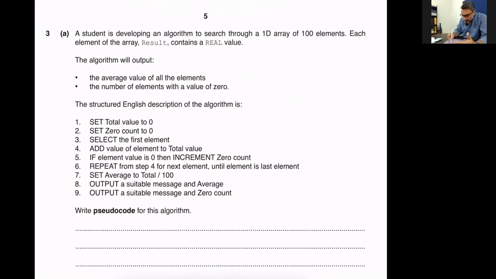If the value is like 0.5 or whatever, then we make this variable Zero here. Then Zero is equal to Zero plus 1. We counted it, and then next I.